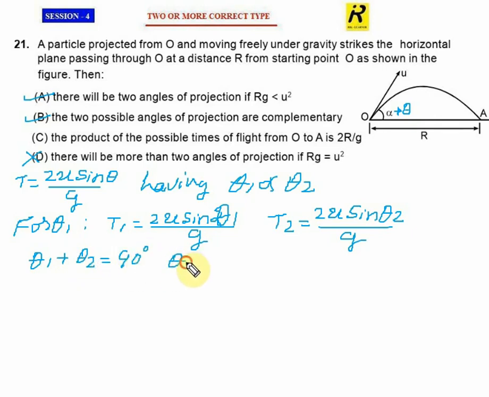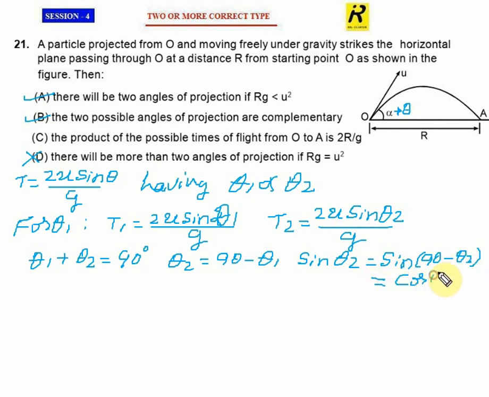That means theta 2 is equal to 90 minus theta 1. So sine theta 2 is equal to sine of 90 minus theta 1, which is equal to cos theta 1. Therefore T1 is as it is, but T2 is equal to 2u cos theta 1 divided by g.